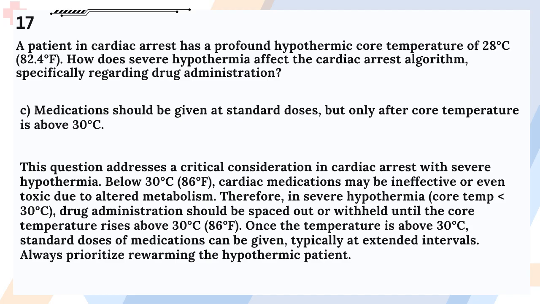Therefore, in severe hypothermia, core temp less than 30 degrees Celsius, drug administration should be spaced out or withheld until the core temperature rises above 30 degrees Celsius (86 degrees Fahrenheit). Once the temperature is above 30 degrees Celsius, standard doses of medications can be given, typically at extended intervals. Always prioritize rewarming the hypothermic patient.